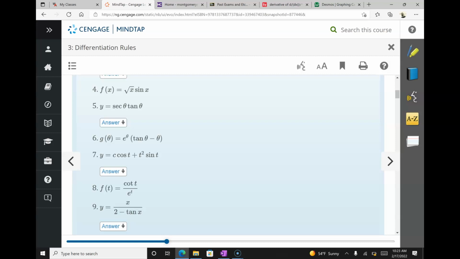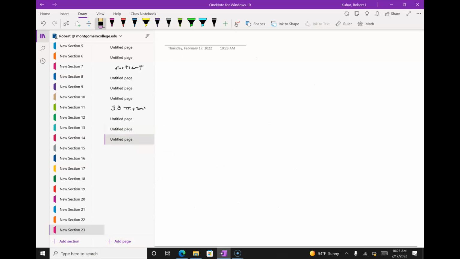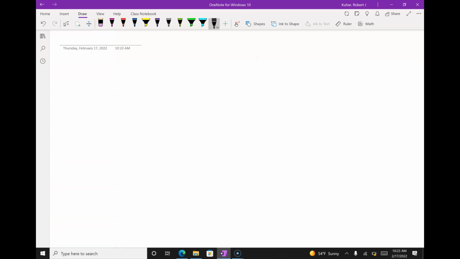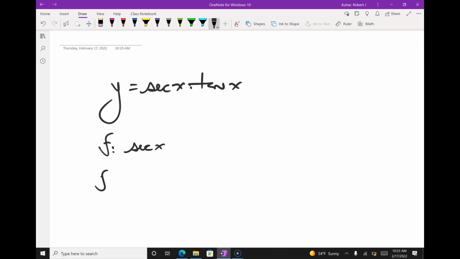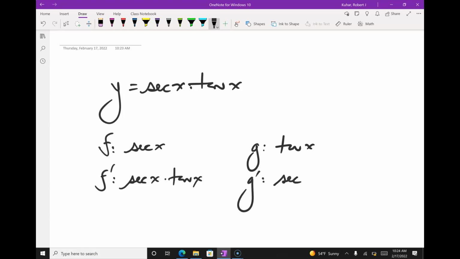Let's do 5. y equals secant tangent. Let's get the derivative of that. So product rule. First function is secant of x. What's the derivative of secant? Secant x tan x. Second function is tan of x. What's that derivative? Secant squared of x.